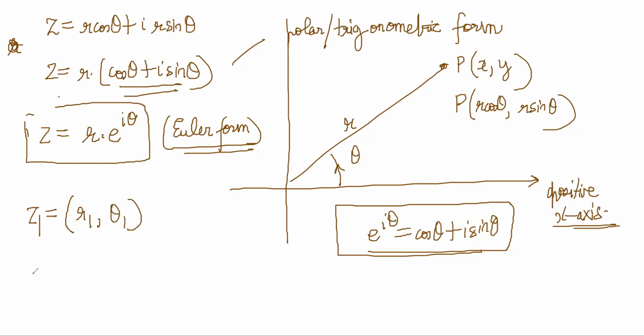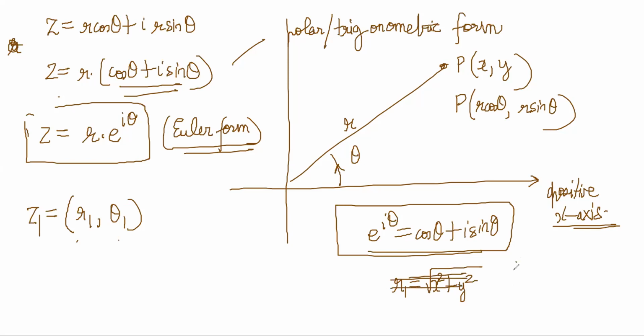If I tell you some distance is 5 and theta is 60, you will be able to find the point, no? So once you find the point, then you know your x and y. If I give you r1 and theta 1, you will be able to find x and y, because r1 will be equal to root over x square plus y square. And okay, that is not the useful relation here.